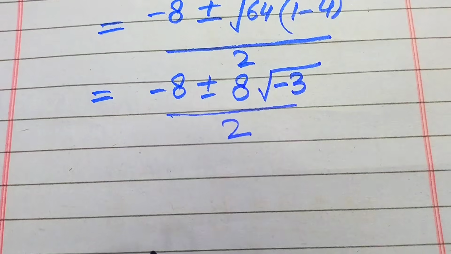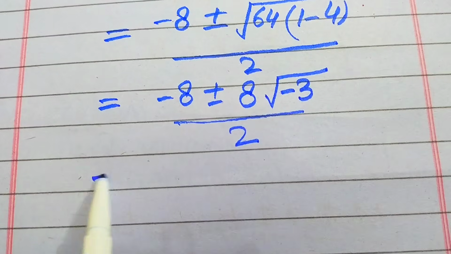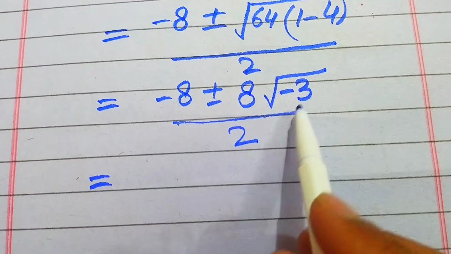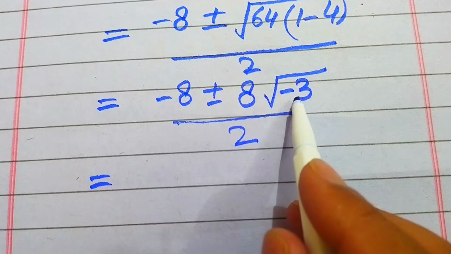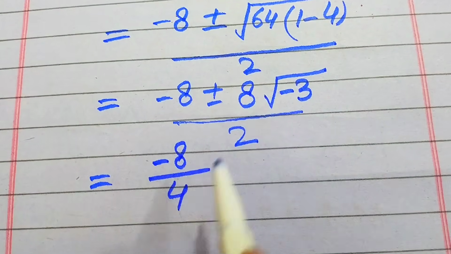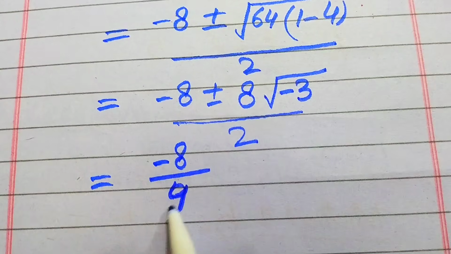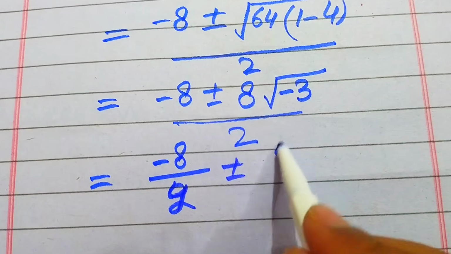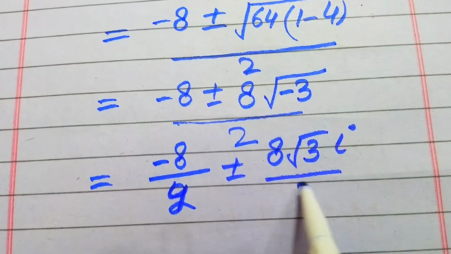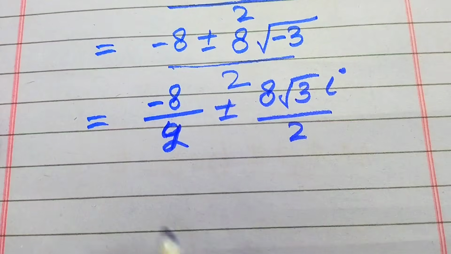Further, first we break this fraction, and second you see here the negative sign appears inside the square root sign, so this becomes iota. After breaking this fraction we get minus 8 divided by 2 plus minus 8 times square root of 3 times iota, divided by 2.